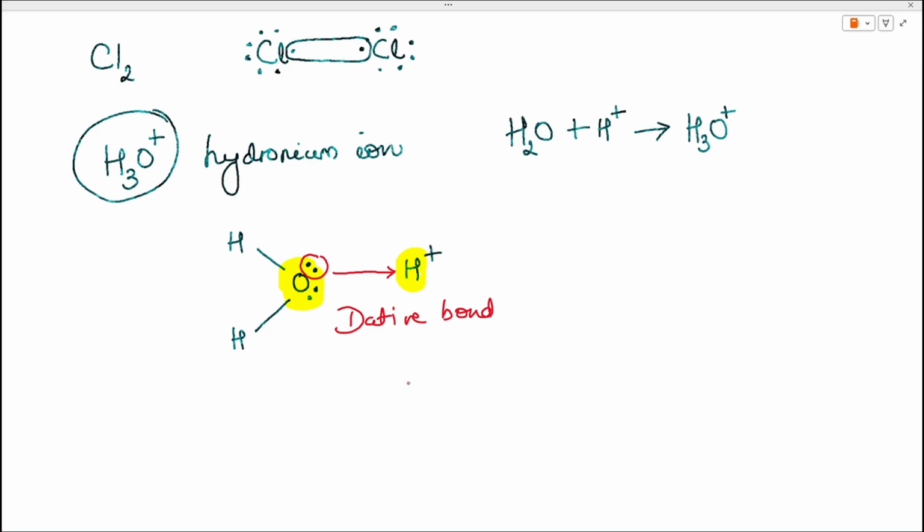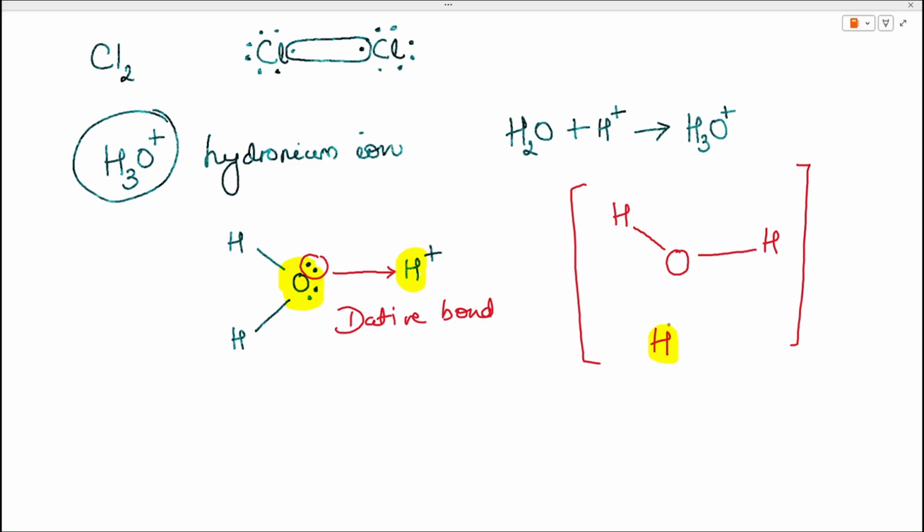If we have to draw the Lewis structure of this molecule, we would draw oxygen, 3 hydrogens. Let us say that this one hydrogen has got a positive charge. So this is a regular covalent bond.